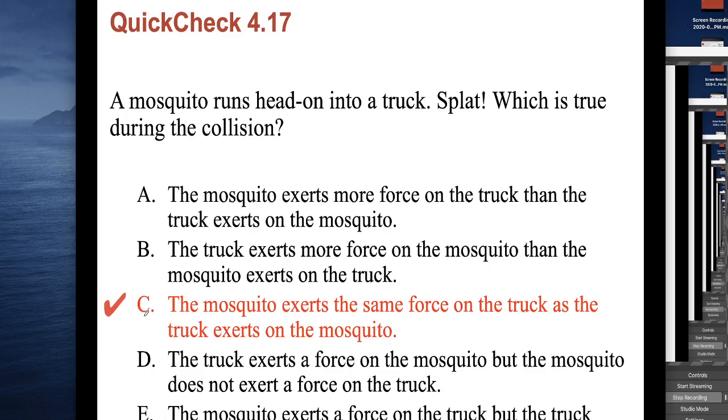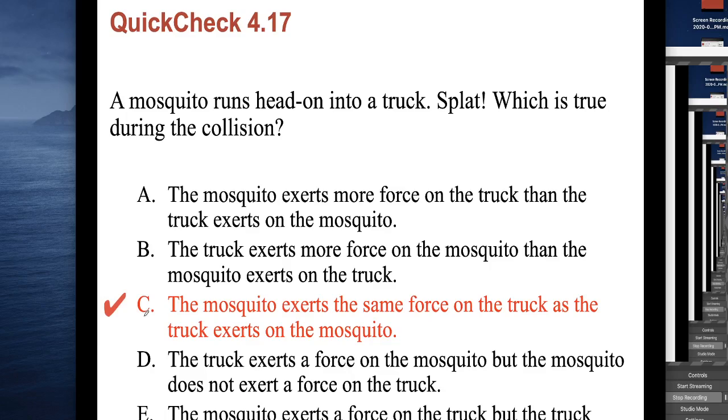However, the force from the truck to the mosquito and the force from the mosquito to the truck are the same in magnitude. The only difference is they are in opposite directions, because this is a pair of action and reaction.